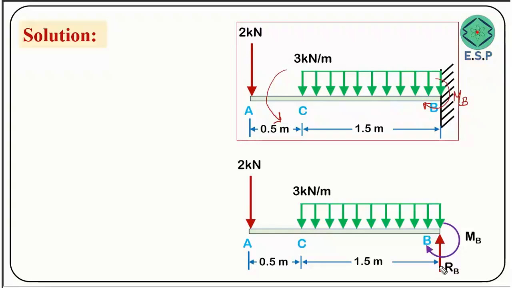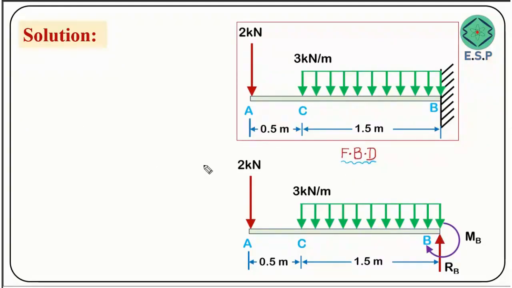So that I have shown here, the reaction force RB acting in the upward direction at point B, and there is a reaction moment of clockwise sense acting at point B. So always remember, the fixed end of a cantilever beam will have support moment reaction as well as support force reaction. This is very important point to remember.